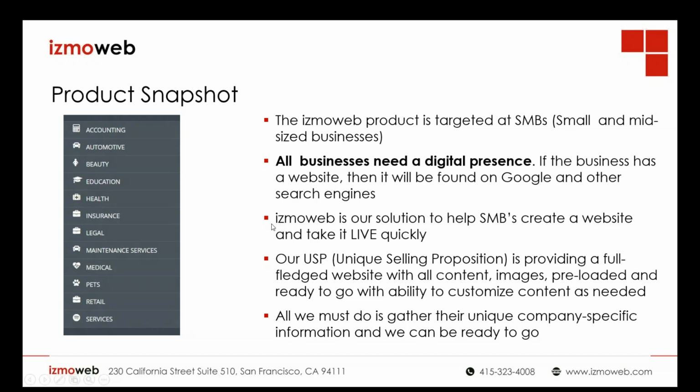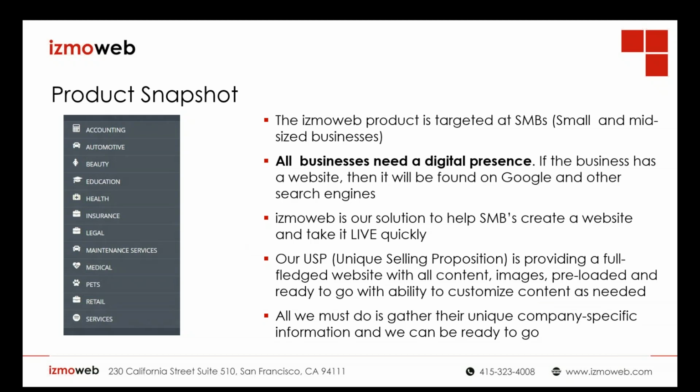But the beauty of the izmoweb website solution for small businesses is its unique selling proposition. Some of the things up here we already talked about, but it already comes with content and images preloaded and ready to go, with the ability to customize content as needed. What this really means to you when talking to your clients is that you can get them up and running relatively quickly.